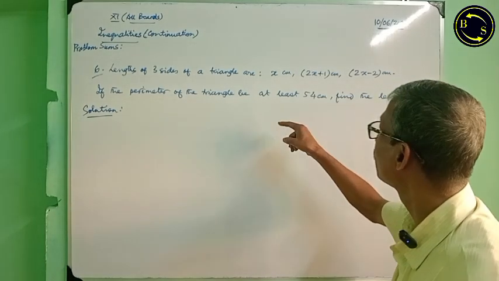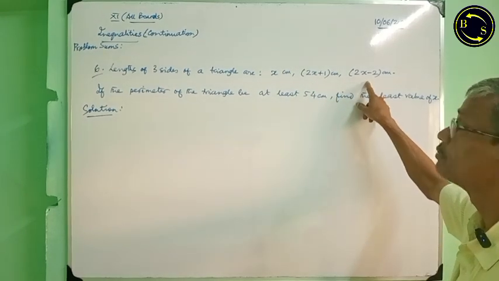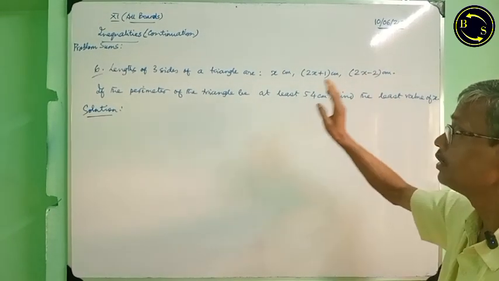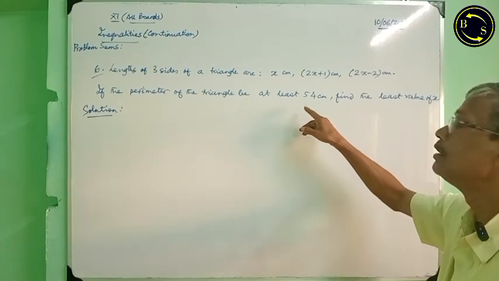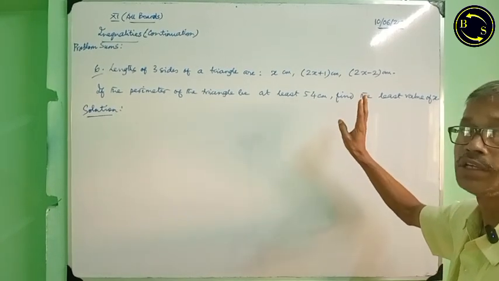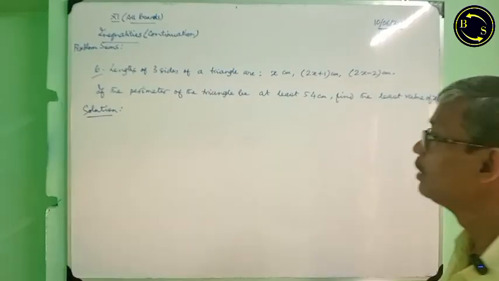Lengths of three sides of a triangle are x centimeter, 2x plus 1 centimeter, 2x minus 2 centimeter. And given that the perimeter of the triangle is at least 54 centimeter, we have to find the least value of x.